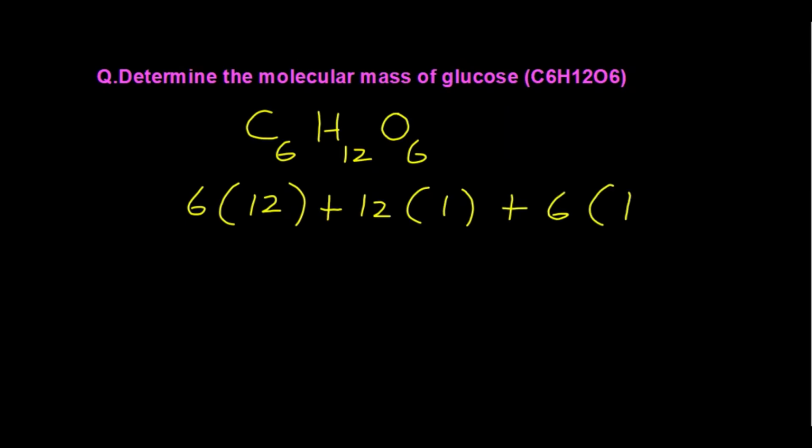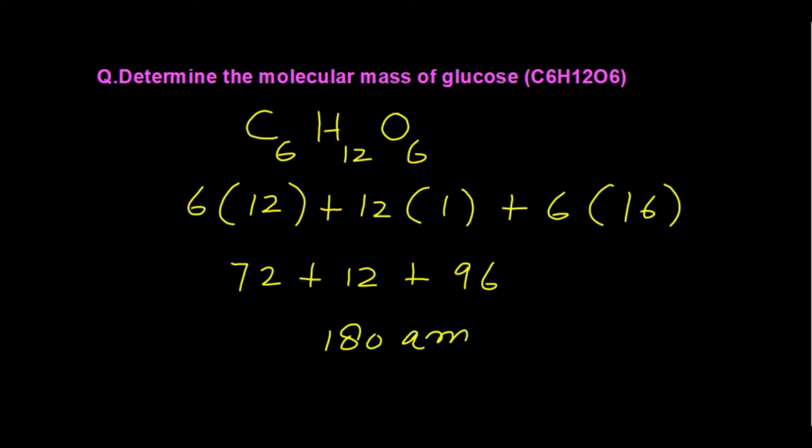Atomic mass of oxygen is 16 atomic mass unit. Now we will simplify this. 12 multiplied by 6 is equal to 72, plus 12, plus 16 multiplied by 6 is equal to 96. If we add all these quantities, we get the answer, that is 180 atomic mass unit. This is the molecular mass of glucose. I hope this is clear.